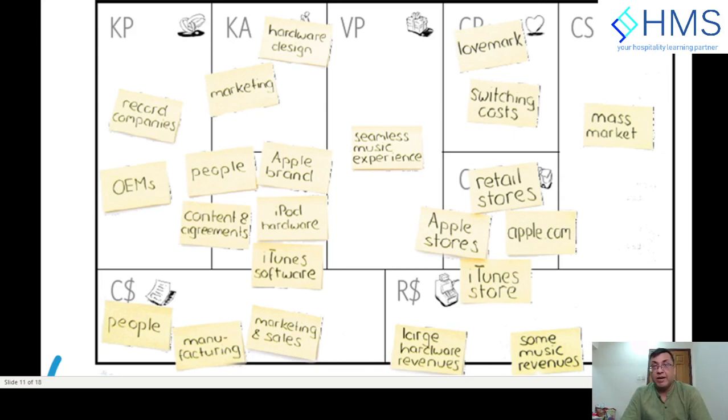Apple is doing design and marketing services, while the actual production and content are done by third parties. They mostly control the patents and the marketing, so it's easier for them to control. Then how are they going to generate revenue? By selling the hardware plus music revenue and royalty fees. Then where are they going to spend? On people, manufacturing, marketing and services. Content is not a spend; it is mostly revenue sharing. You get the content, they share the revenue, so it's not an initial spend.